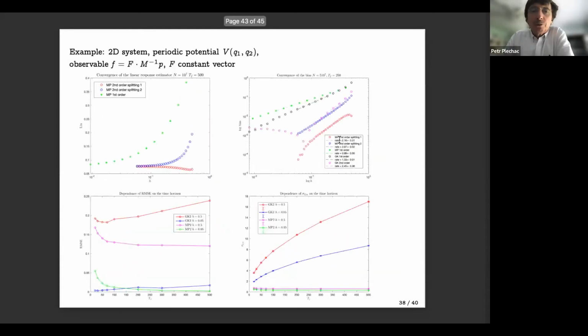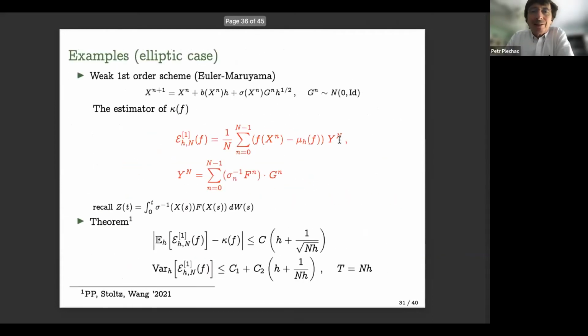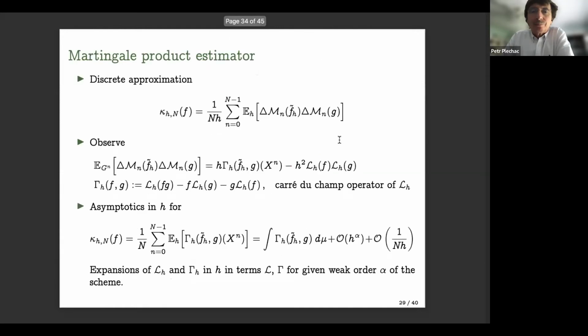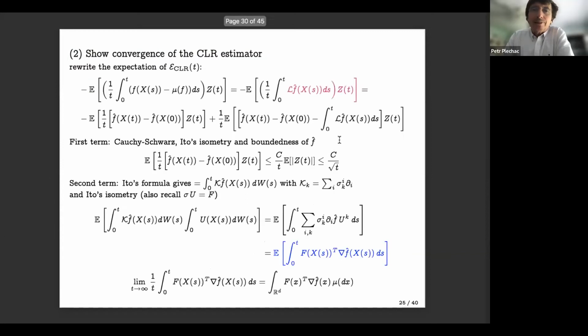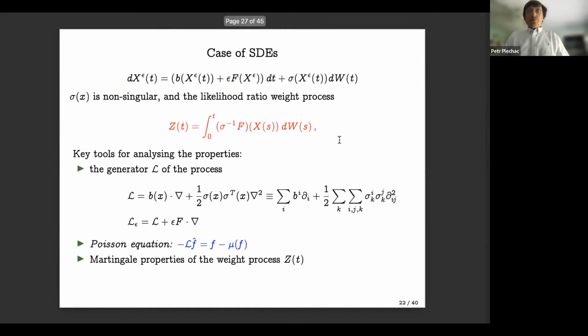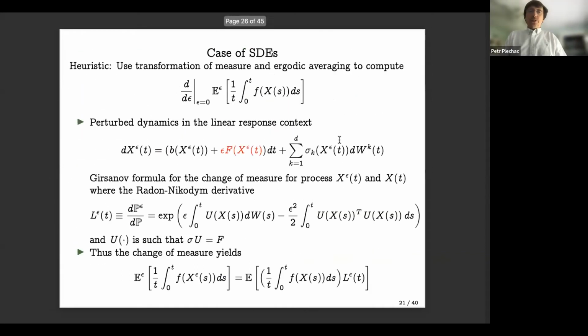Okay, so that comes to essentially this calculation here.